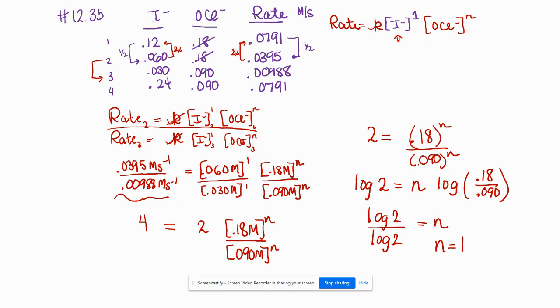So this one is a good one because it shows us that if we know one of the orders, we can solve for the other one, even if the other one doesn't have runs where that concentration was kept constant. Okay, so what I'm recommending you guys do now is to do number 37 in the homework. Number 37, we'll see if it reinforces it.